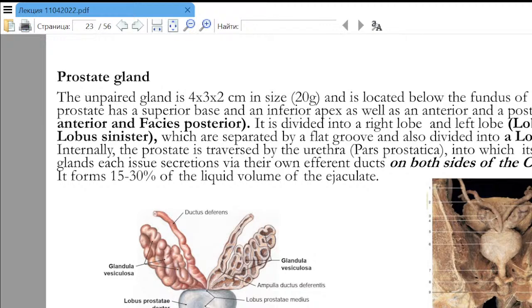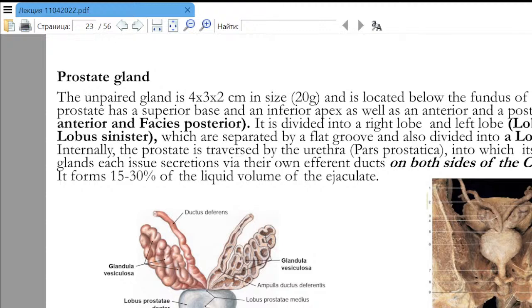Prostate gland. The unpaired gland is located below the fundus of the bladder.